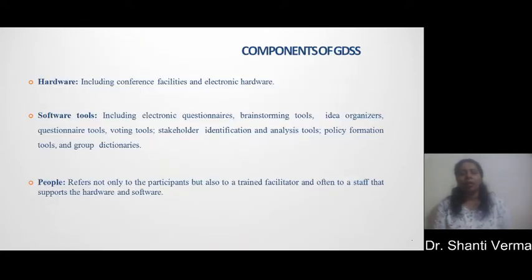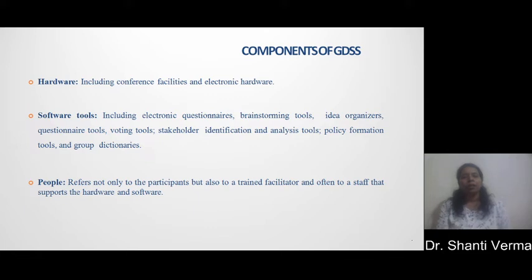Now let's discuss the components of GDSS. There are three components. First is hardware, second is software, and third is people. Hardware includes conference facilities and the electronic hardware such as the systems, as well as the software required for the internet connection.